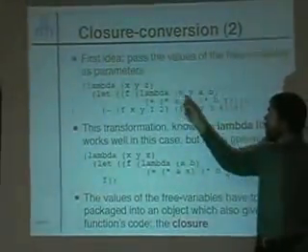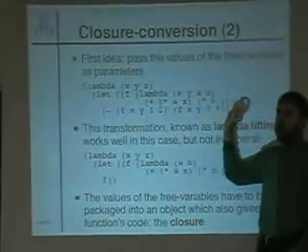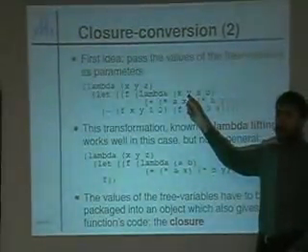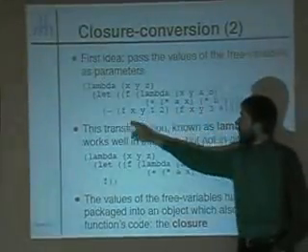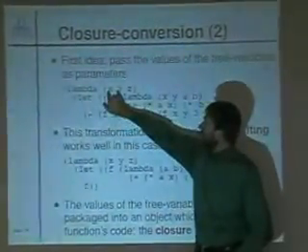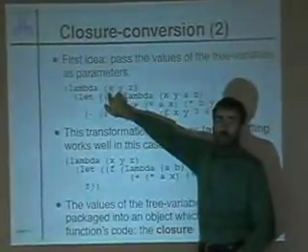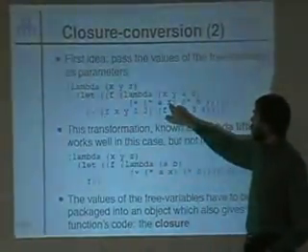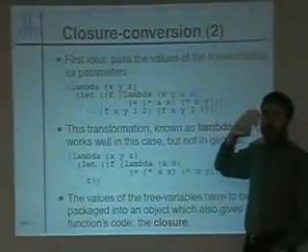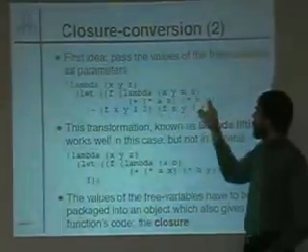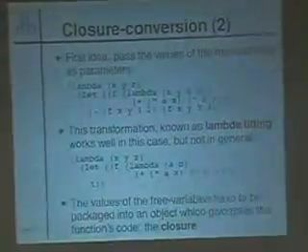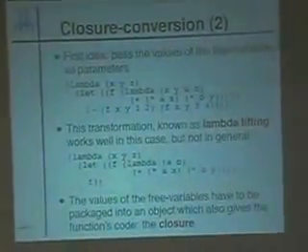So if you know that this function is going to use x and y as free variables, then you add x and y as parameters, and then when you call f, you pass x and y. Now the x and y here refers to the x and y of the outer lambda. Okay? And when you see x and y here, now they refer to just plain old parameters. So all the accesses here are to bound occurrences of variables, which, as I said, is something that's easy to implement.